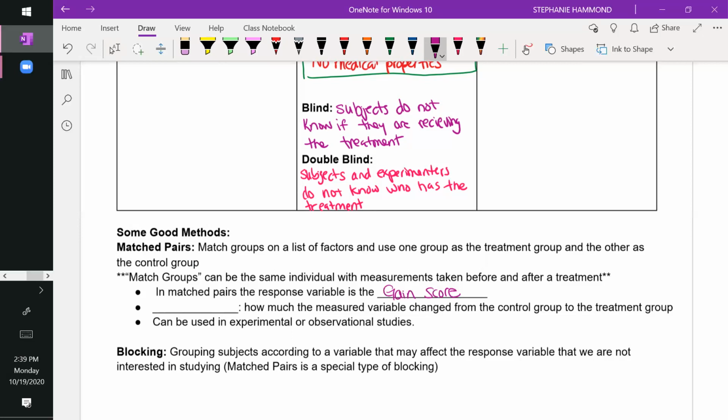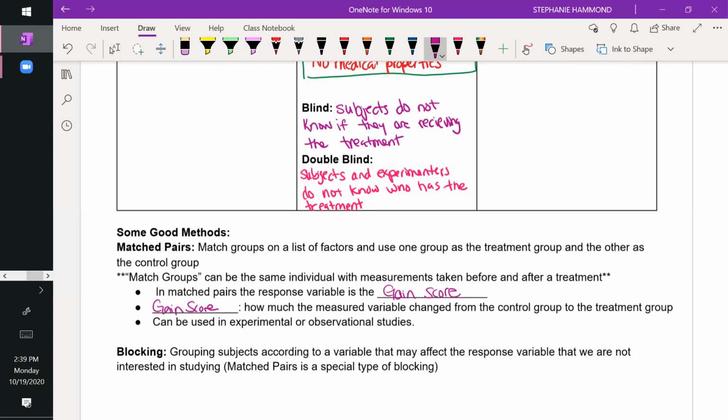So anytime we're using matched groups, our response variable should be the difference in the two groups of the people that are matched, or in the two groups for the same person before and after treatment. And again, matched groups can be used both in experimental studies as well as observational studies.